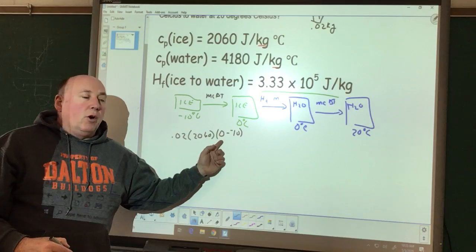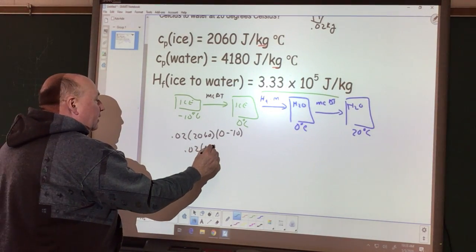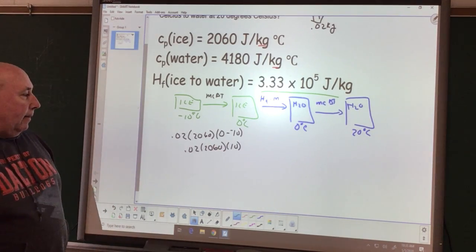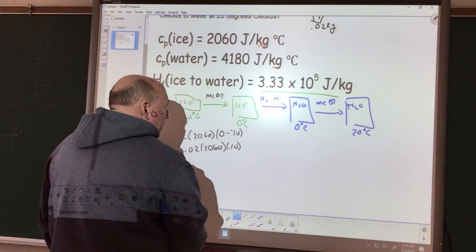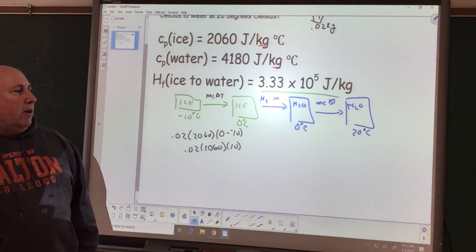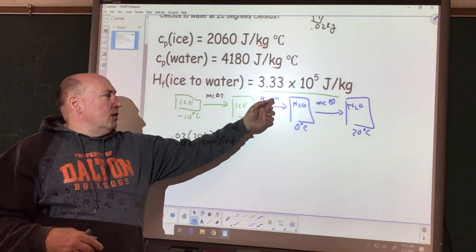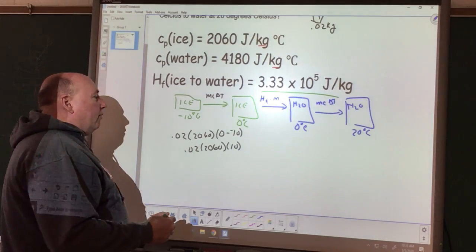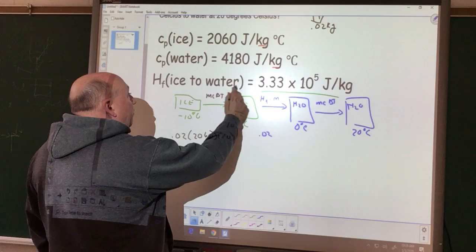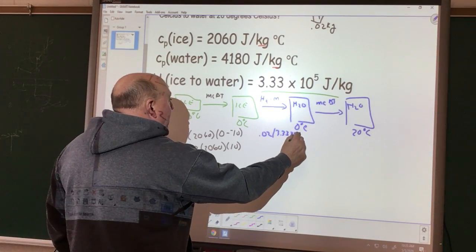Now we have to make sure that we have minus an initial there. So we have 0.02 times 2060 times the value of 10. To change from ice to water at 0 degrees Celsius, we take our heat of fusion times our mass. So we have 0.02 times our heat of fusion, which is 3.33 times 10 to the 5th.